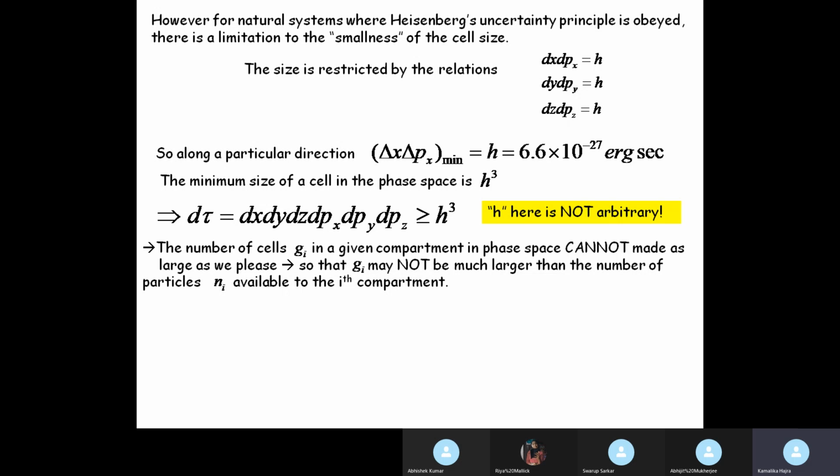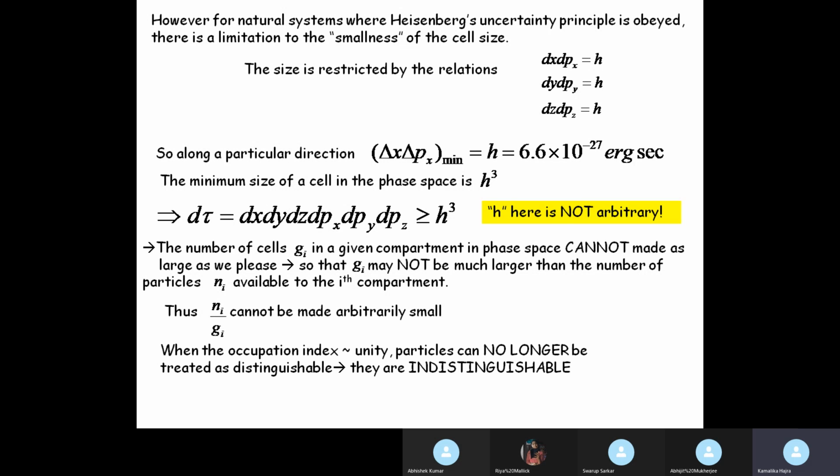And there are 5 of you, so there is hardly any choice. So what is happening? Ni by gi cannot be made arbitrarily small. And the occupation index Ni by gi is almost equal to 1. So the number of available seats and the number of occupants for those seats are almost equal.